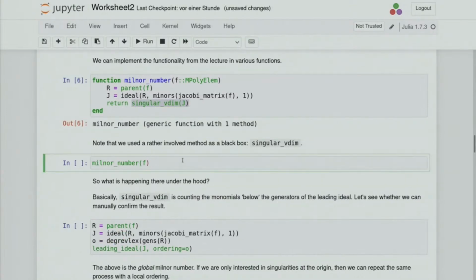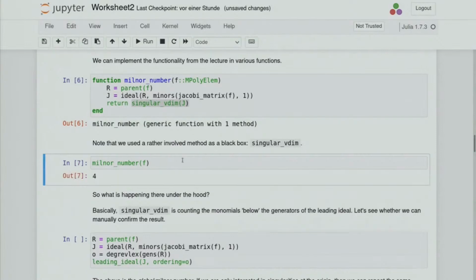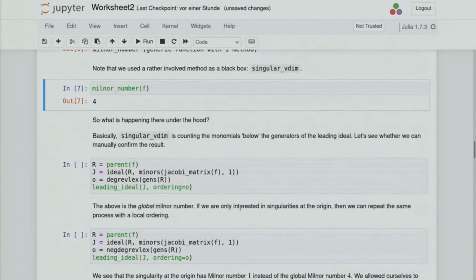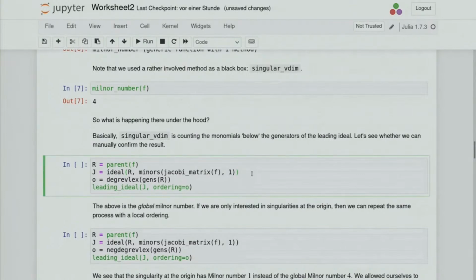And I can compute the Milnor number from this hypersurface over there, and as before it was 4, right? Remember that this corresponds to 4 critical points of the function f. And now you can repeat this discussion with local ordering.